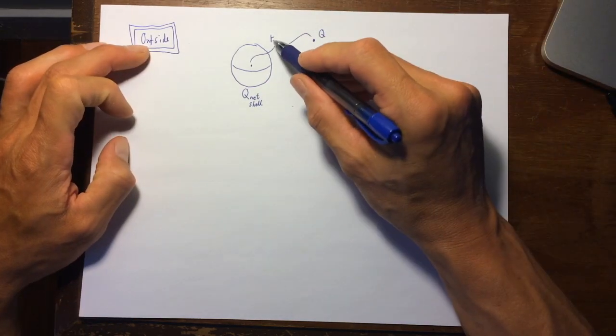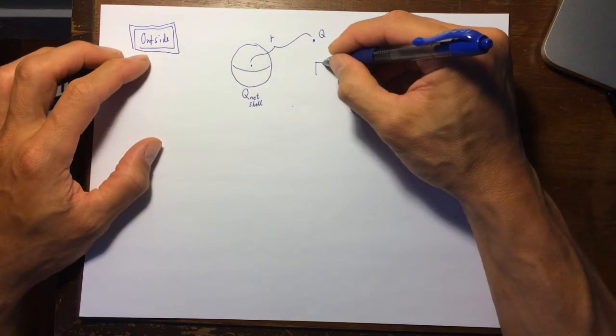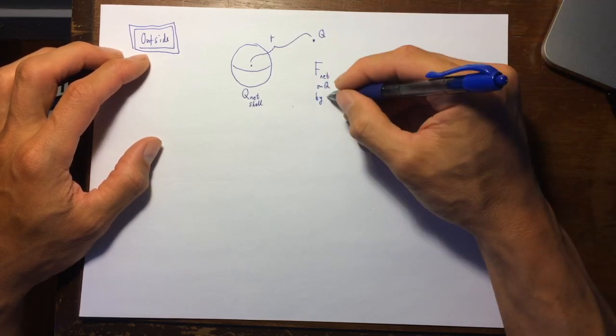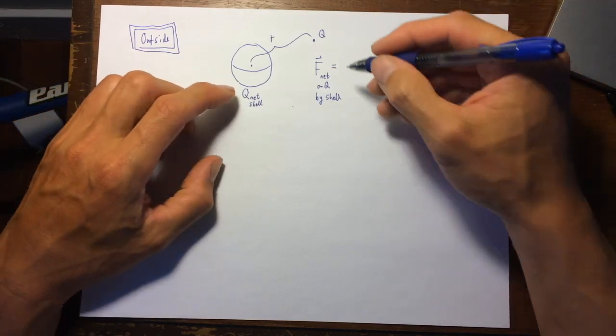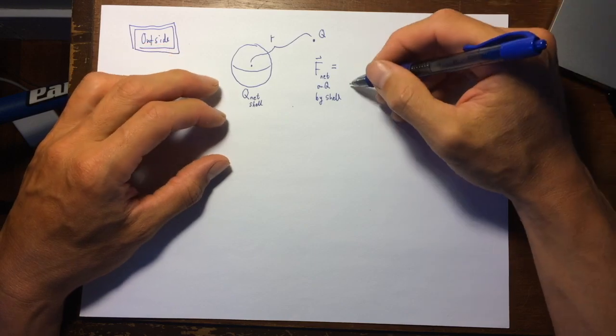Outside, so that is for little r bigger than the radius of the sphere, the net force on Q by the shell is equal to a really simple expression. It's pretty extraordinary, and this is the result of using the shell.